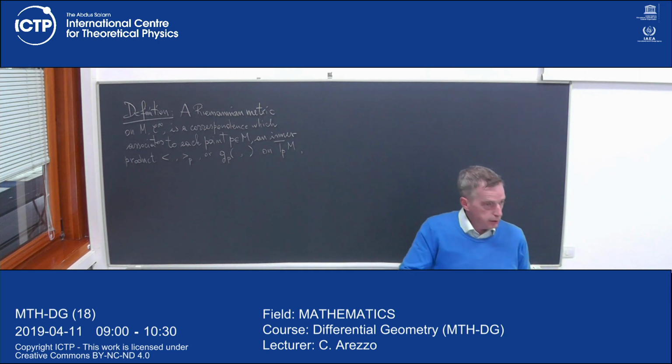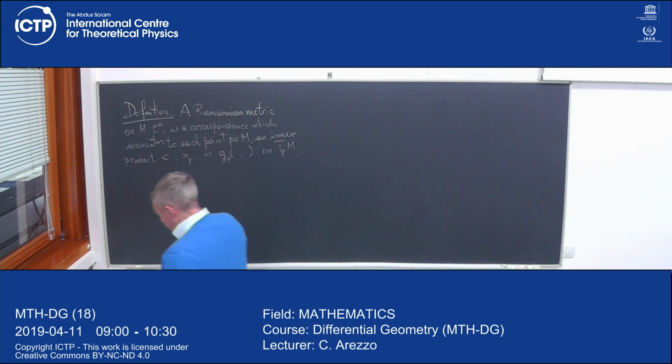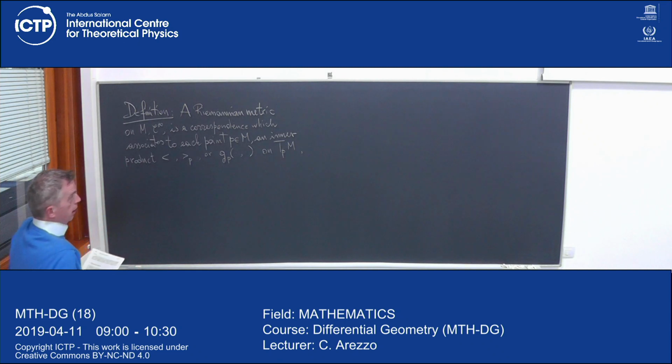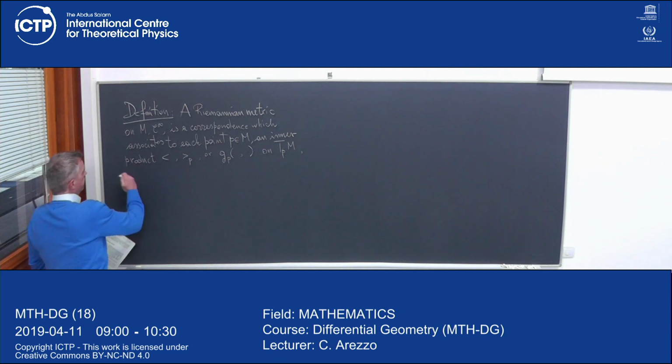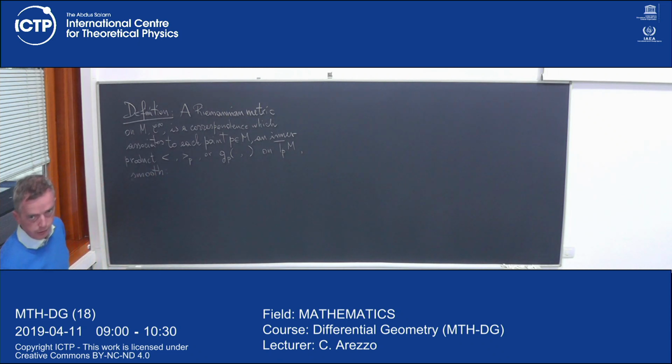It's not a function, so we don't know directly how to say it's smooth. Smooth in which sense? The rest of this blackboard will be to explain the word smooth, what it means.